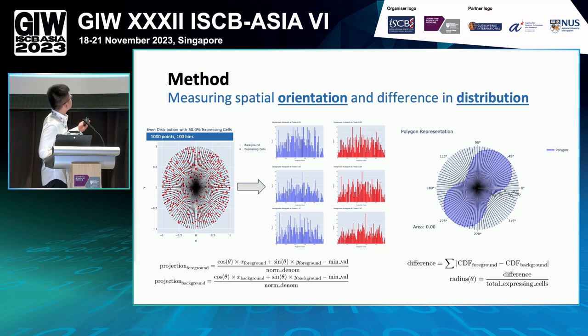So this is the histogram. Once we made it into a cumulative, then we can find the absolute difference and get the radius based on the difference against the total expressing cells in the cluster. This step is mainly to normalize it so that it is between 0 and 1.